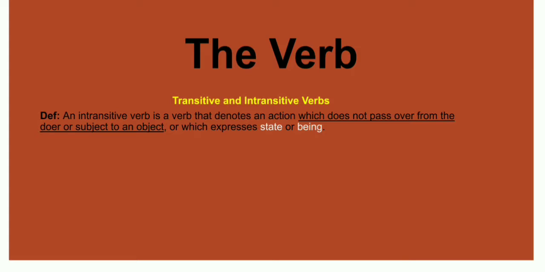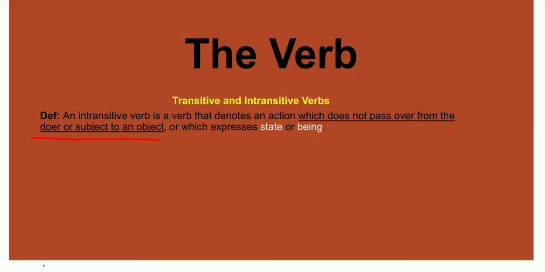An intransitive verb may be defined as a verb that denotes an action which does not pass over from the doer or subject to an object, or which expresses state or being. We may simply say that an intransitive verb doesn't need an object to complete its sense.